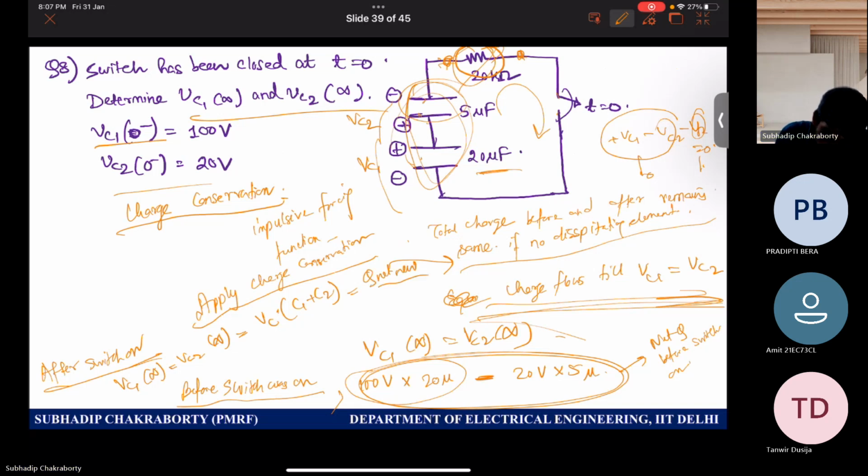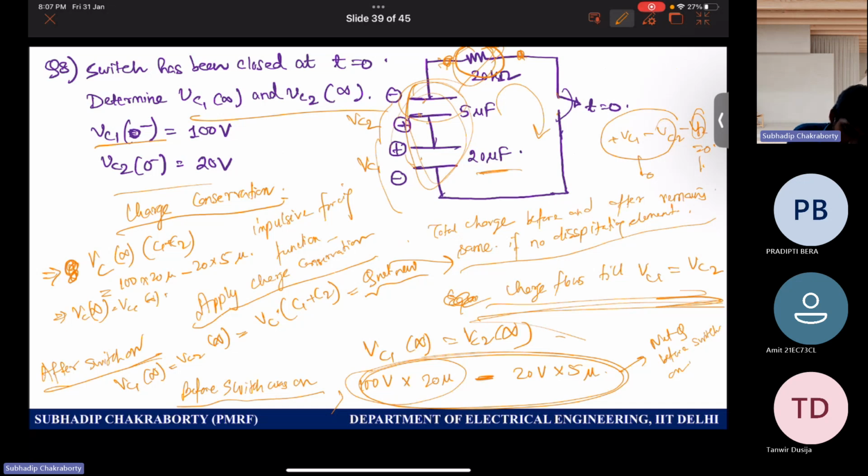So at equilibrium, VC infinity into C1 plus C2 should be equal to 100 into 20 micro minus 20 into 5 micro. So VC infinity equals VC1 infinity equals VC2 infinity, and this is 100 into 20 micro minus 20 into 5 micro divided by C1 plus C2, which is 25 micro. So how much is it coming?